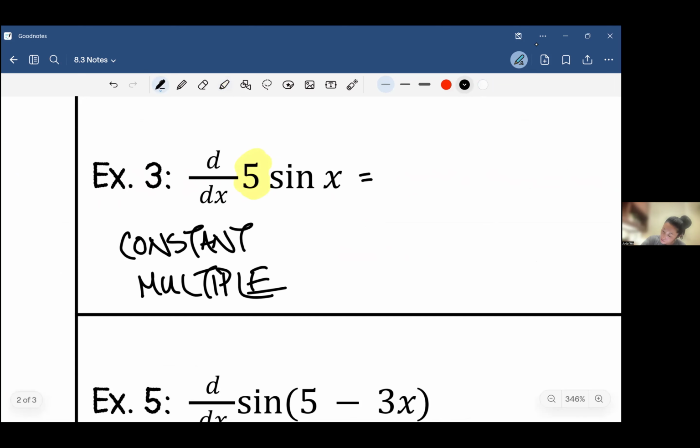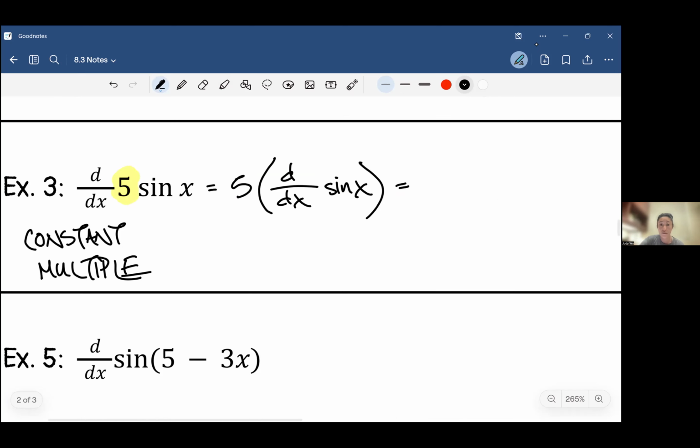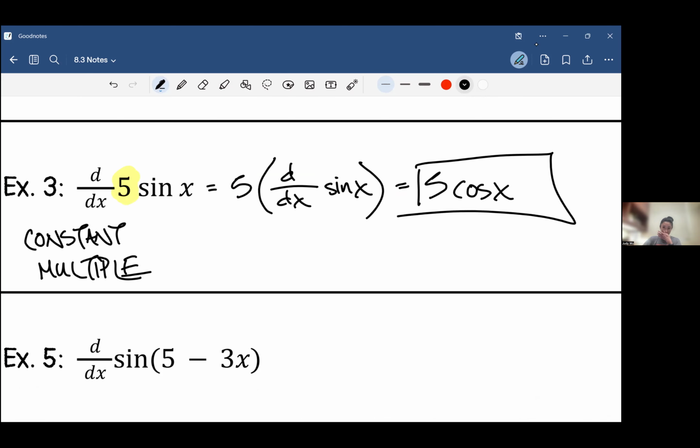It's really the same thing as saying 5 times the derivative of sine. And we know that the derivative of sine is cosine, so we get 5 cosine x.